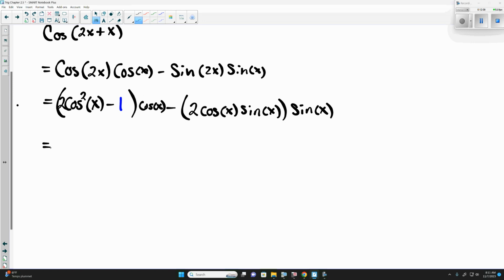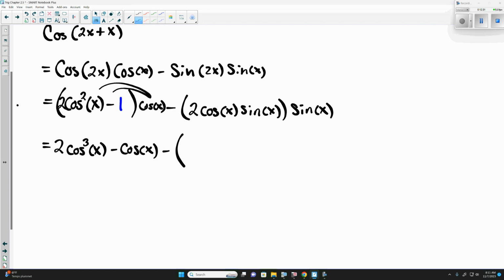Now on this side here, we would distribute the cosine of x. So we have 2 cosine cubed of x minus cosine of x minus. Now I dropped the parentheses on the first one because we're multiplying by a positive cosine. Sine's not changing, we have this here.